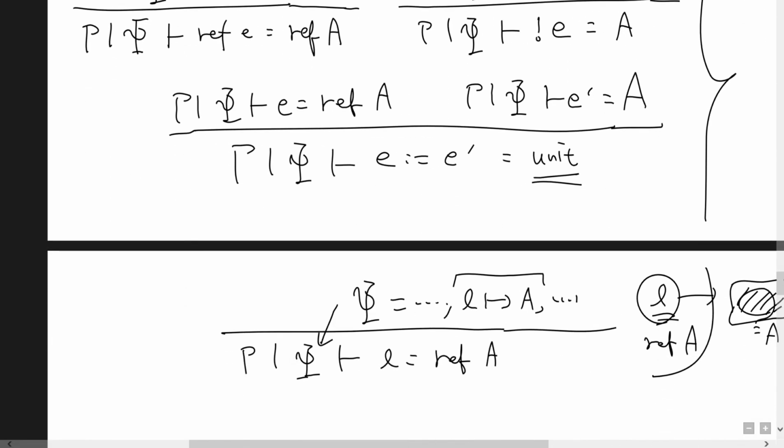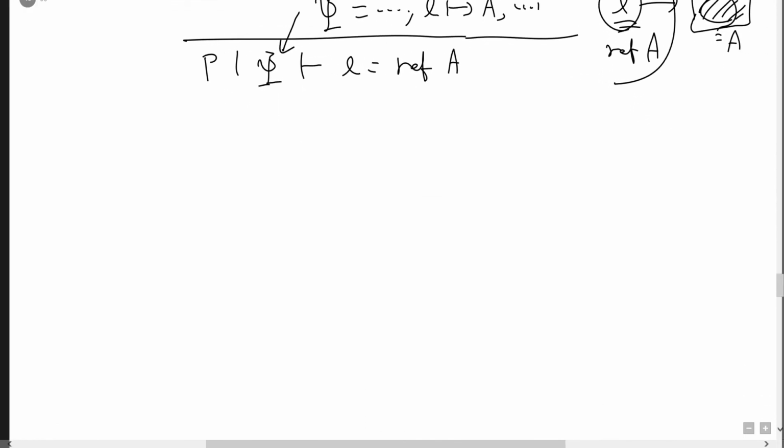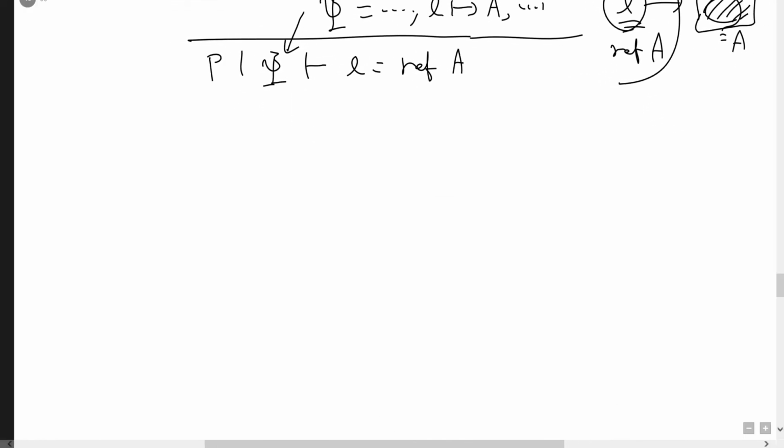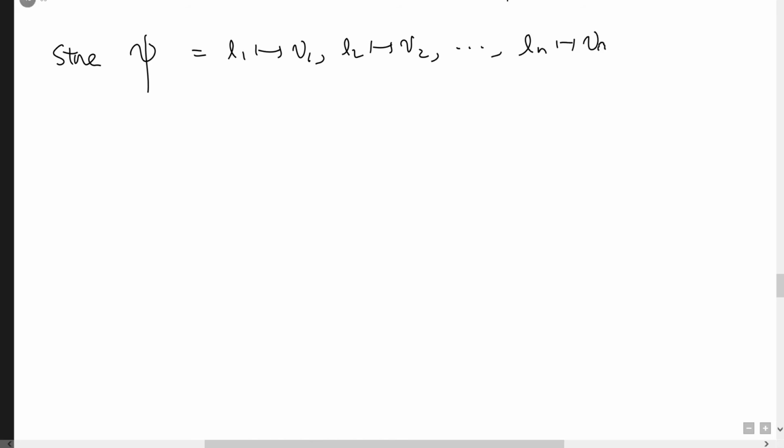Now, the last question to address is, suppose that you have a store something like L1 arrow value V1, L2 arrow value V2, Ln arrow Vn.